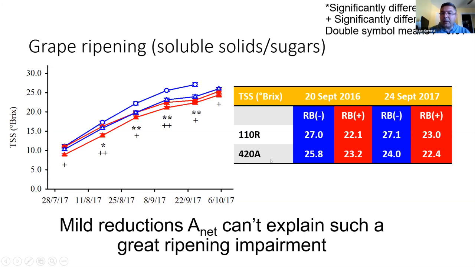Likewise, in the less vigorous rootstock 420A, we see the same response. We waited to harvest these, as you will see in the later slides, but this response is very consistent over the years. There's this reduction of ripening speed as the berry ripens. So it's not being translocated into the berry.